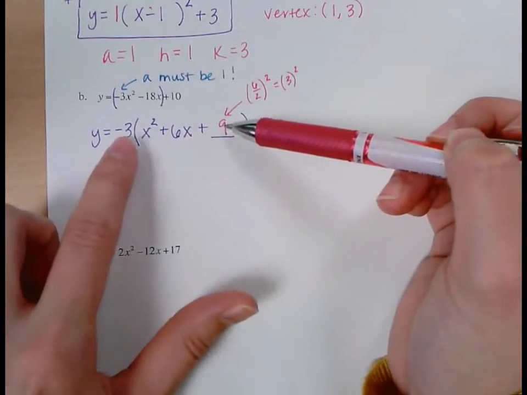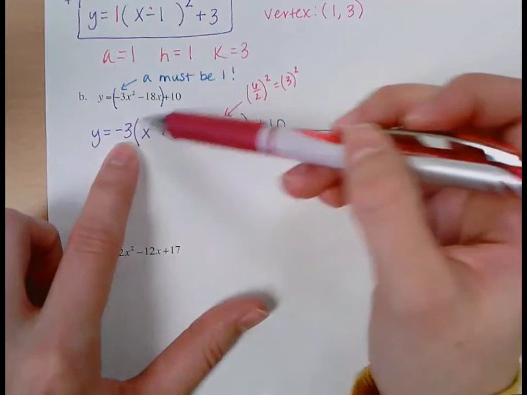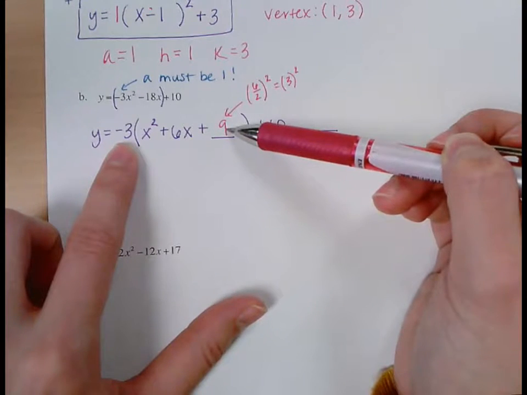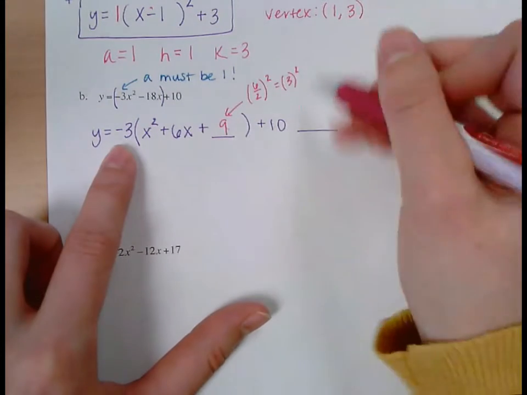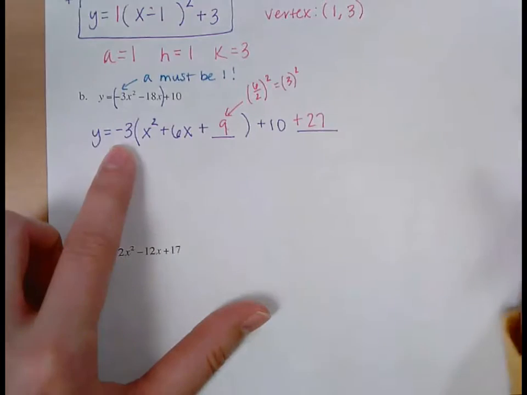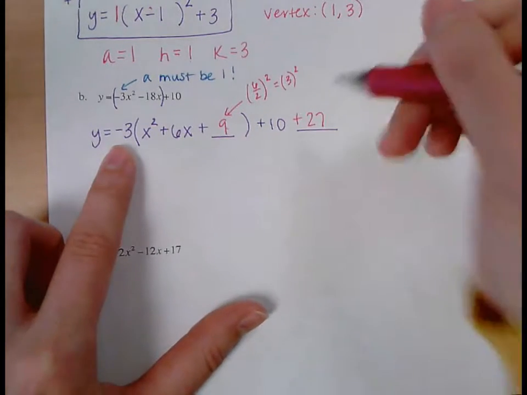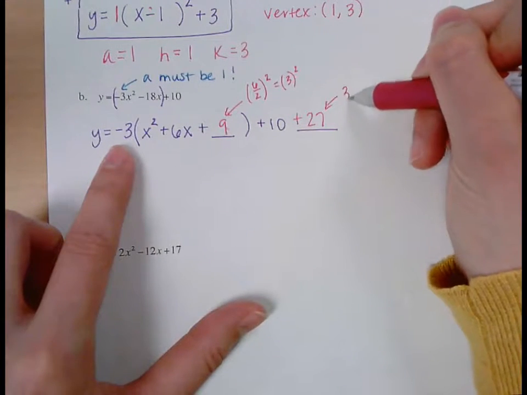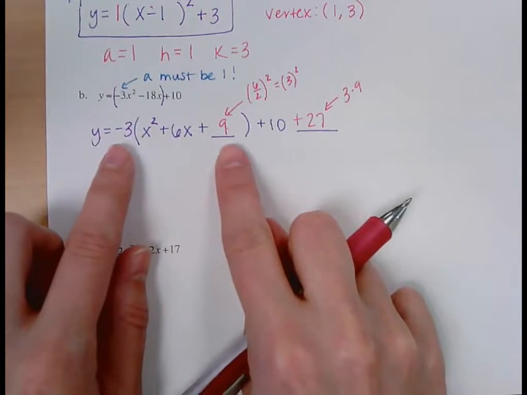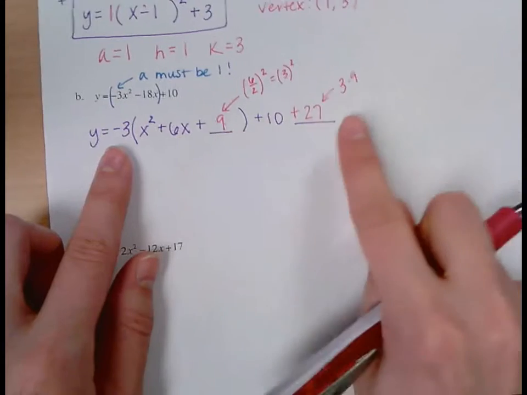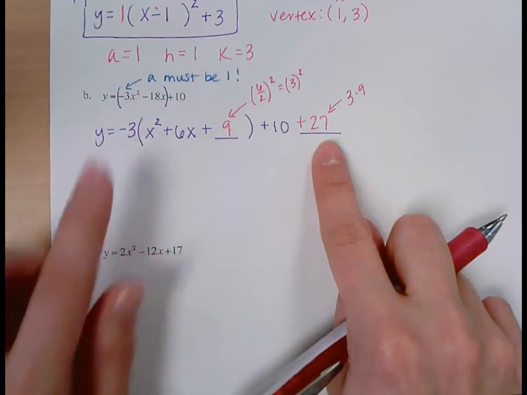So this value, if I did redistribute the negative 3, is really negative 27. So to balance this, I need to balance negative 27 with a positive 27. So the 27 is coming from 3 times 9, and it's 3 times 9 because of that a value of negative 3, except it was negative, and we need to balance it with a positive.